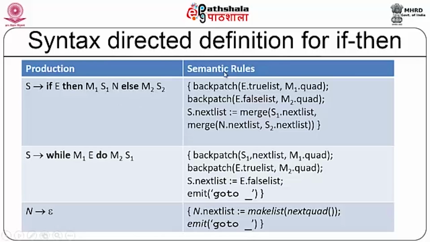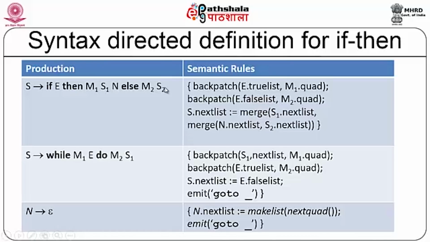So backpatch E dot true list with M1 dot quad and backpatch E dot false list with M2 dot quad. These two are very simple, just getting the line numbers M1 and M2 accordingly. And then the next list of S will be S1's next list, and it should actually have three components: S1's next, N's next and S2's next.